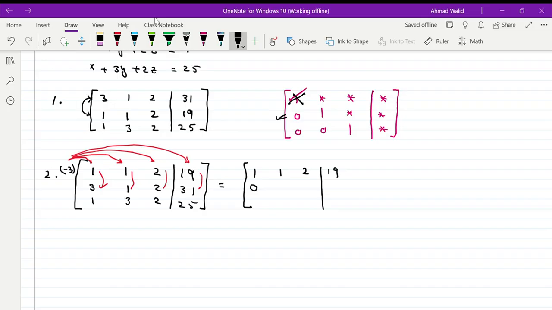Negative 3 plus 1 gives you negative 2. Negative 3 times 2 gives you negative 6. Negative 6 plus 2 gives you negative 4. Negative 3 times 19 gives you negative 57, right? Negative 57 plus 31 gives you negative 26.